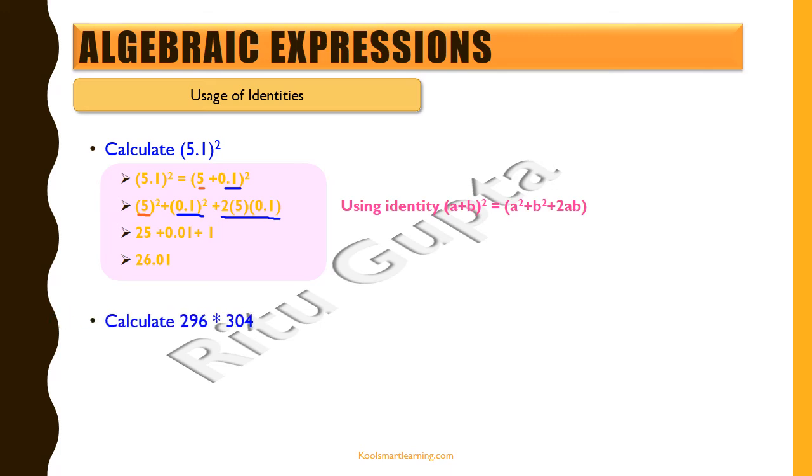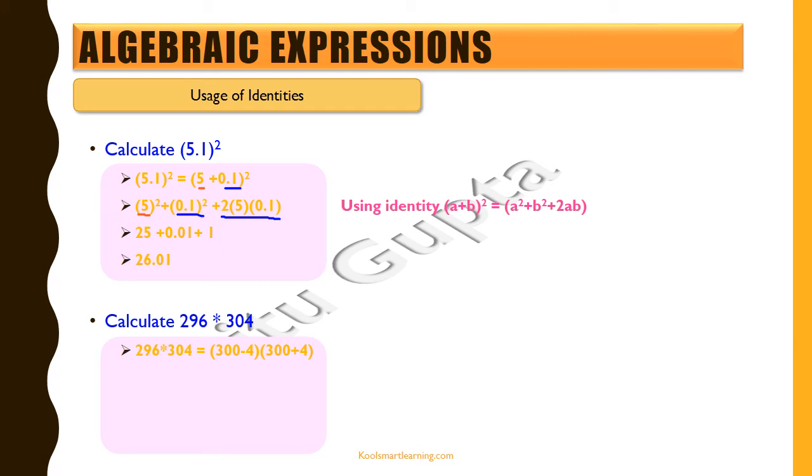Now supposing we have to calculate 296 multiplied by 304, of course you could do a simple arithmetic multiplication, but let's see, using the identity, a simpler and faster way of calculating this. So we could write 296 as 300 minus 4, and 304 as 300 plus 4.